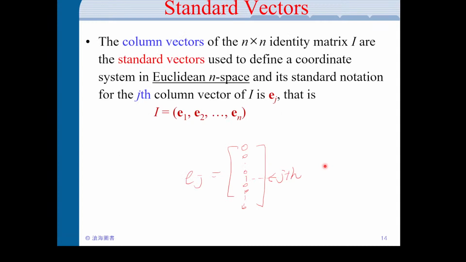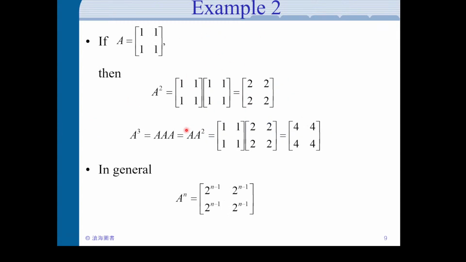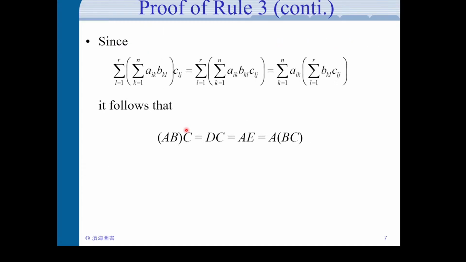These are easy concepts, but you just need to remember the notation. Otherwise, if we write e_j and you don't remember what e_j is, it will be very confusing. The identity matrix is also an easy concept, but you need to remember the notation I or I sub n.